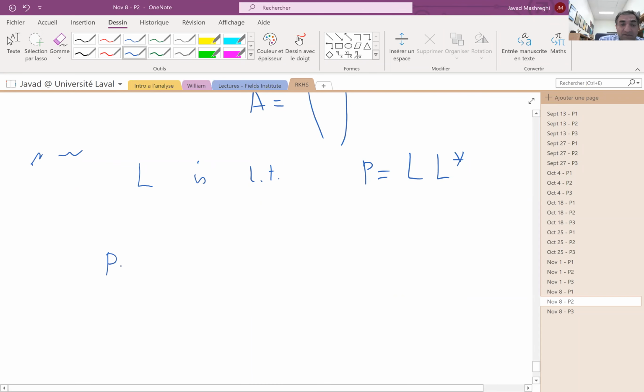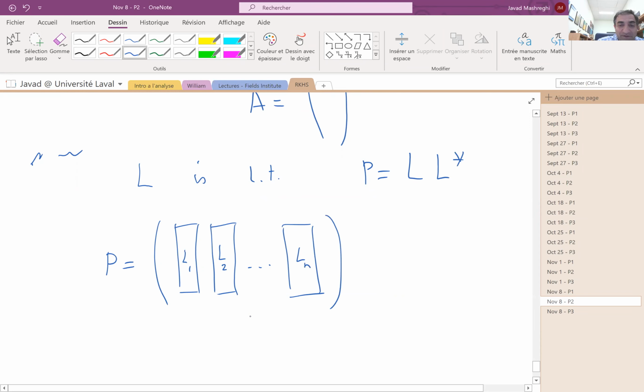So here we can consider P and the columns of L. There is no danger now if I write L1, L2, Ln. You understand what I mean?